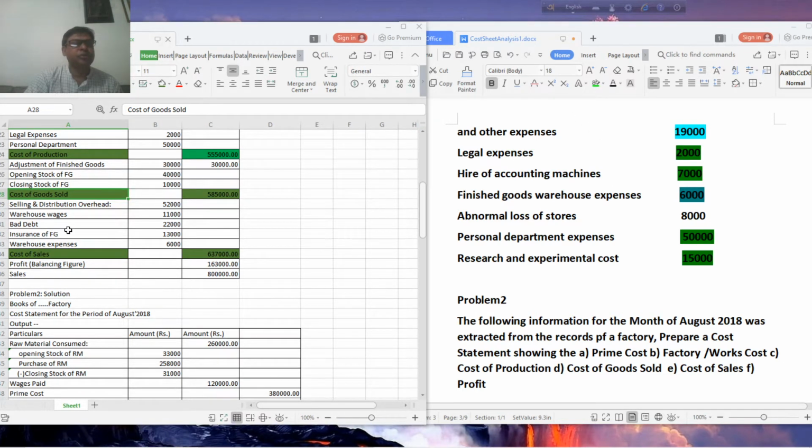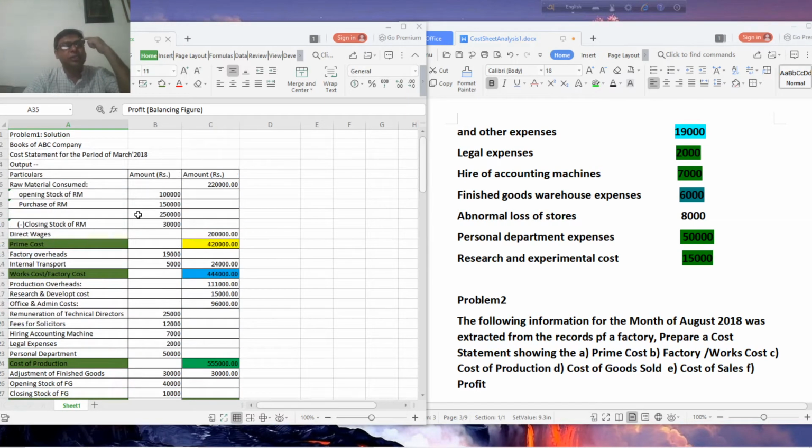So all these costs will be added here to comprise the cost of sales. So the total cost of sales here is 6,37,000 taka. We have to find out the profit here by deducting this figure from the total sales figure. So the balancing figure is the profit.